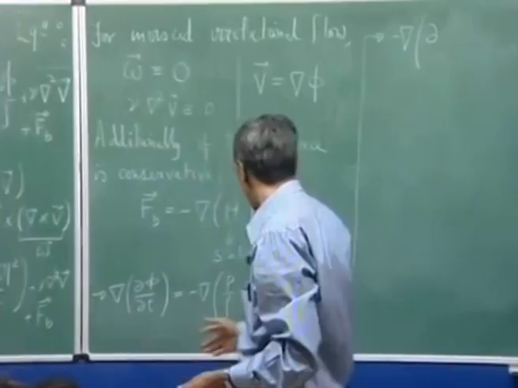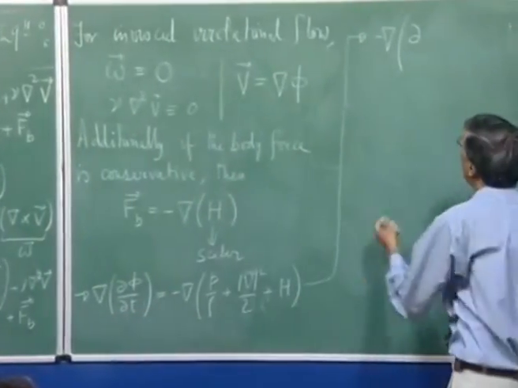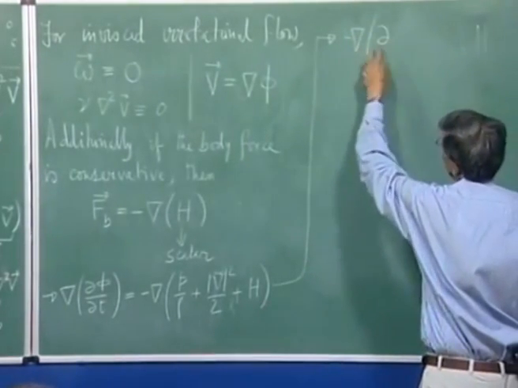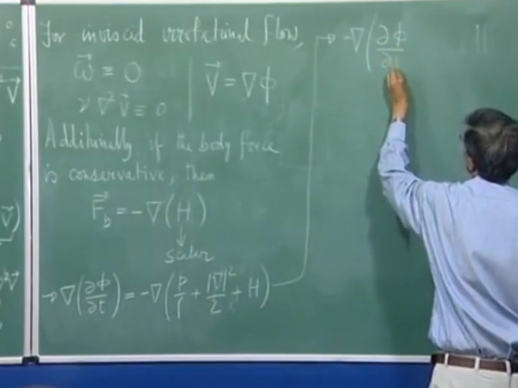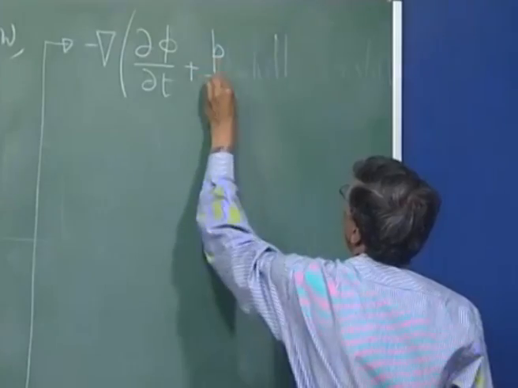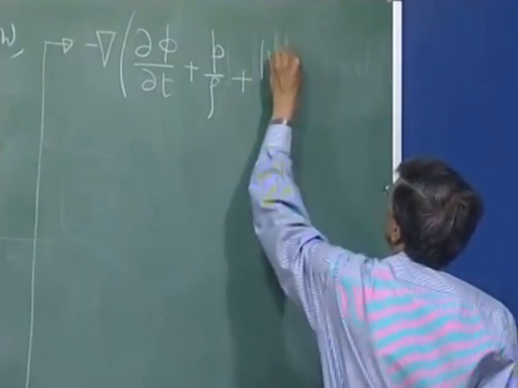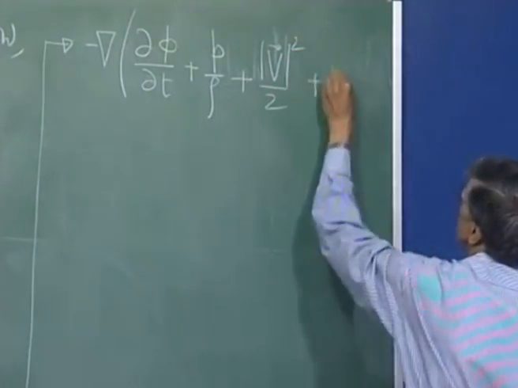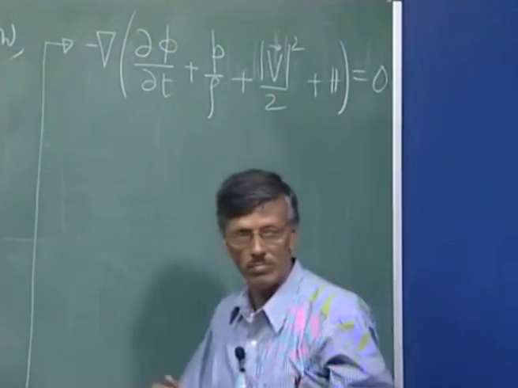Okay. So, what we could do is now we can transpose this term also on this side, and then I am going to get the gradient operator operating on del phi del t plus p by rho plus v square by 2 plus h, that is equal to 0, right.